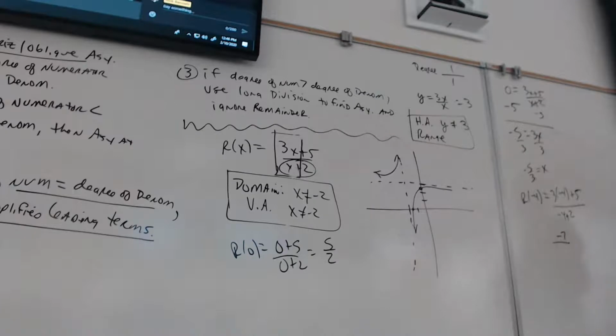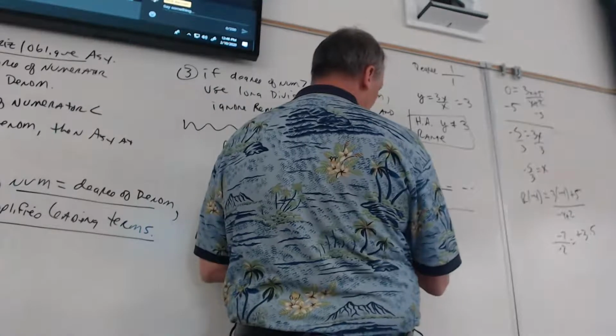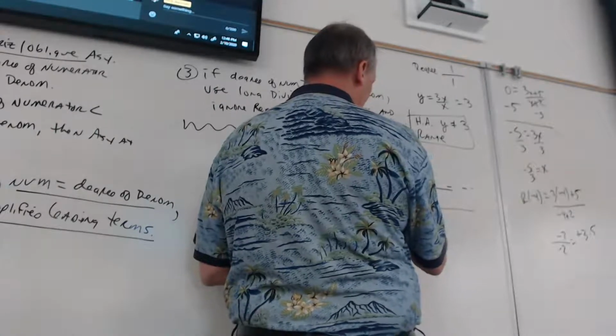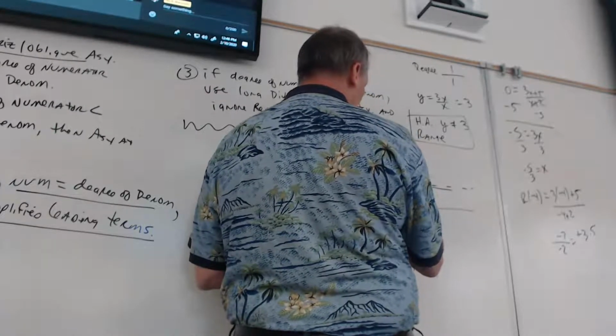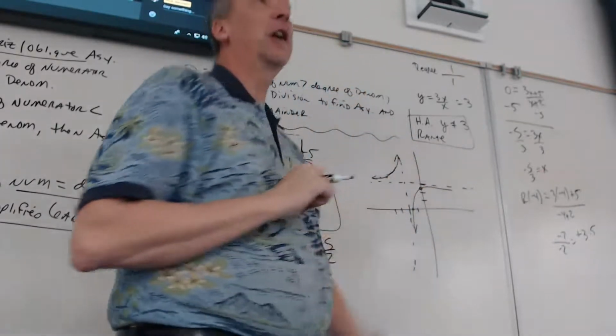Negative 4 plus 2 is negative 2. Negative 7 divided by negative 2 is a positive 3.5. Okay? So 3.5 is above 3, right? So if I go out here, and it's above 3, so I probably should have drawn it right there. Now I'm even more accurate than I was before. Okay? But it's not going to cross the asymptote.